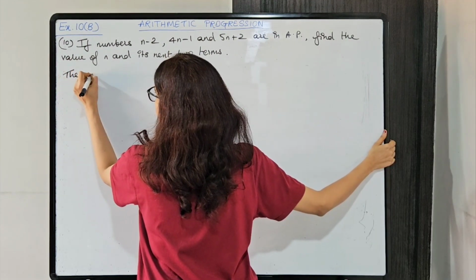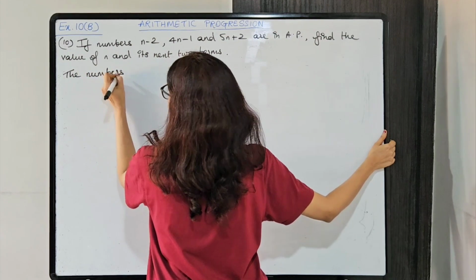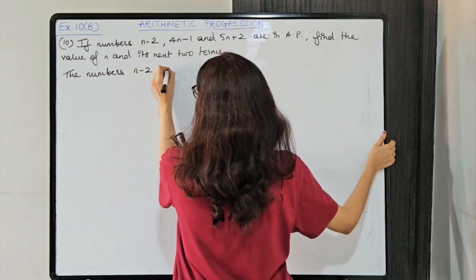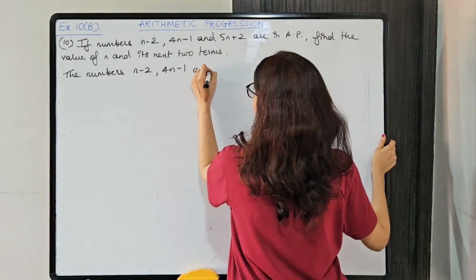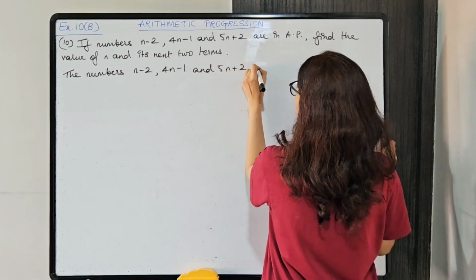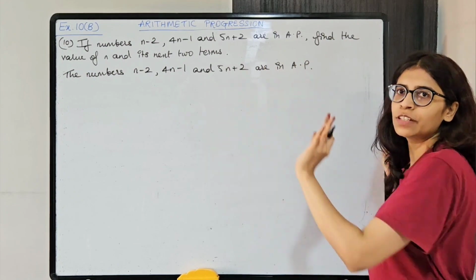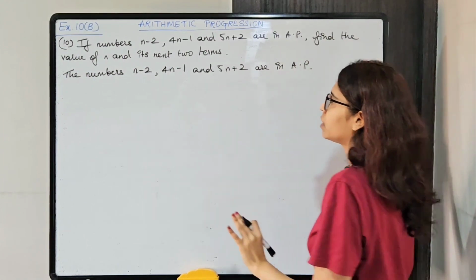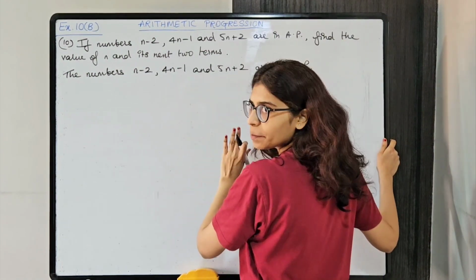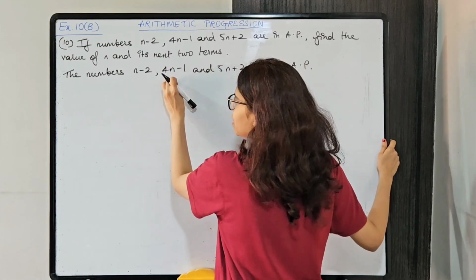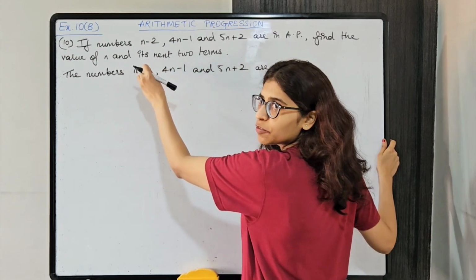Write down the numbers n minus 2, 4n minus 1 and 5n plus 2 are in AP. Write down the given information first. So these three are in AP. Succeeding term minus preceding term will give me common difference.